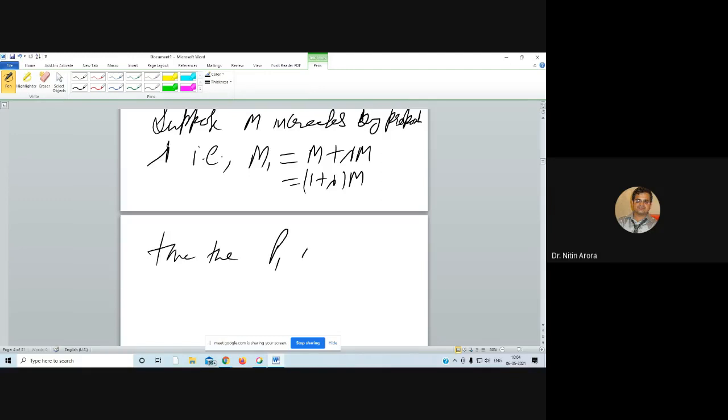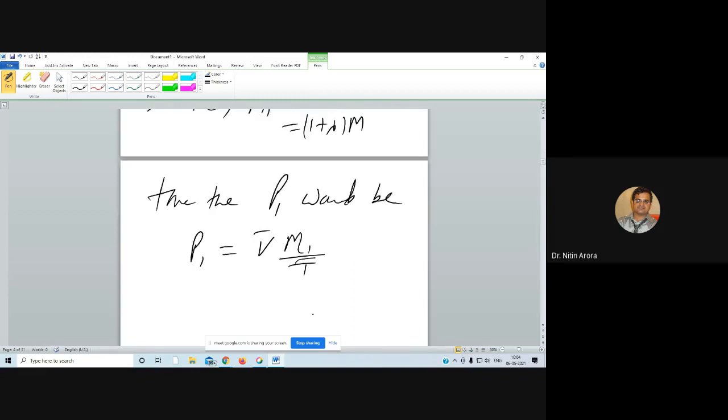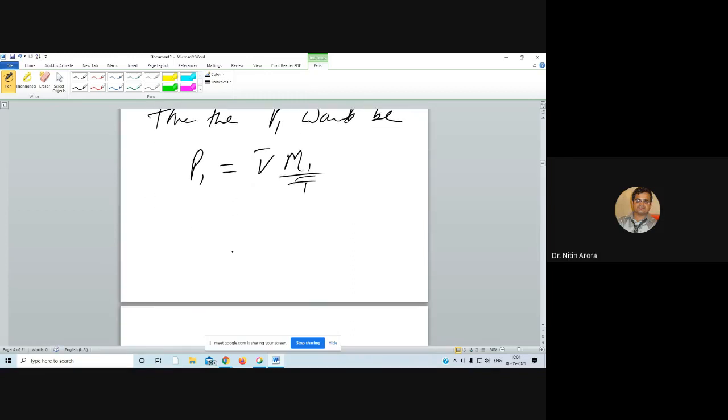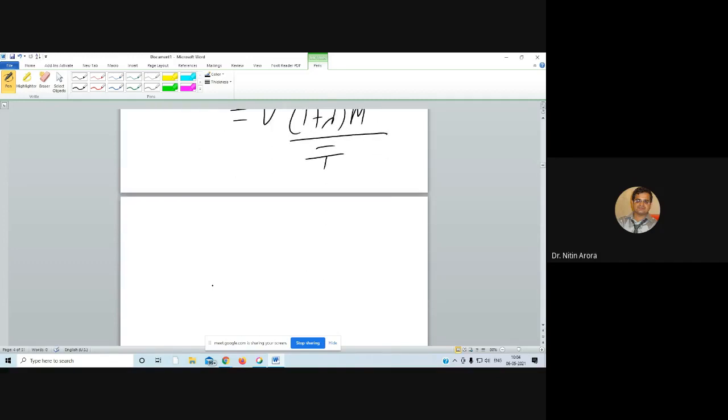Then P1 would be V bar into M1 upon T bar. Then the general price level will be V bar into 1 plus lambda M upon T bar. So P1 is equal to 1 plus lambda into V bar M upon T bar.